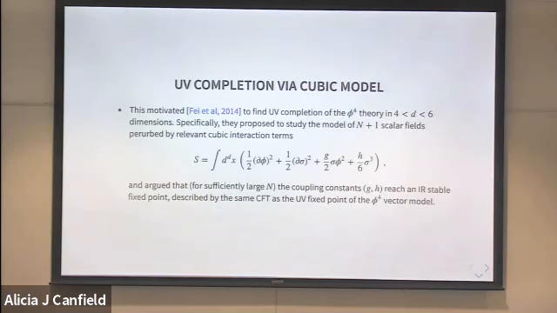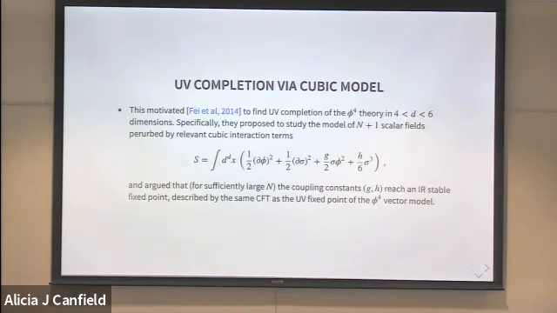So what they did was, let's study the following. We have again phi, which is an O(N) multiplet. We have sigma, which is a scalar. And we deform this theory by cubic couplings between sigma and phi and the self-interaction sigma cubed. But now you add a kinetic term for sigma, whereas before you didn't.